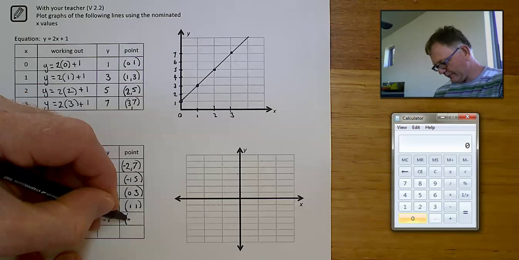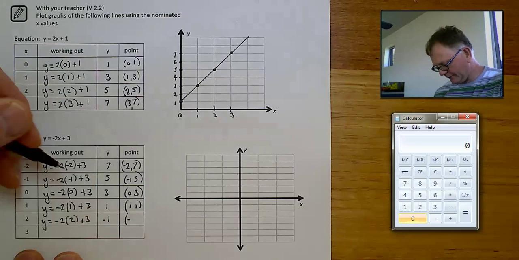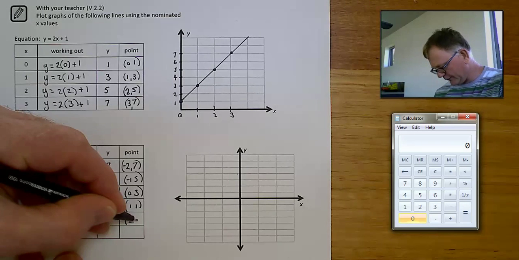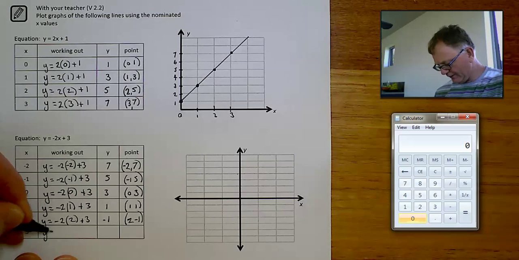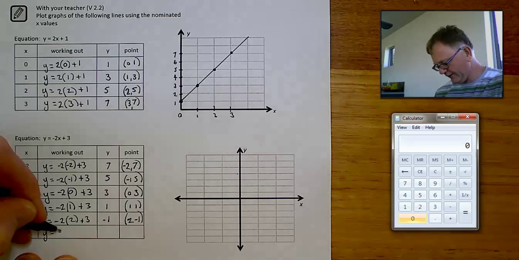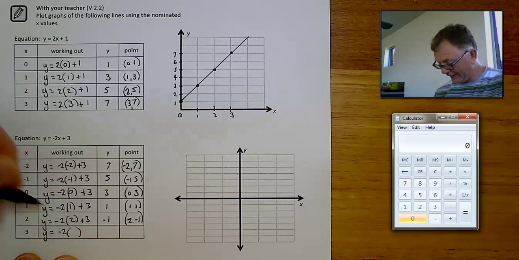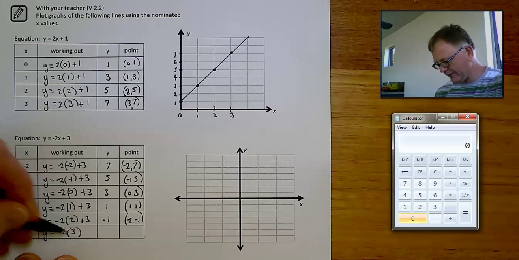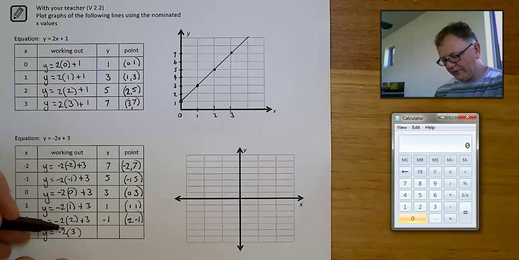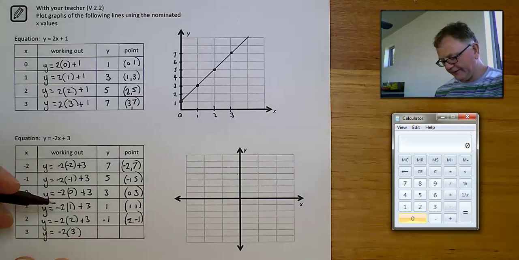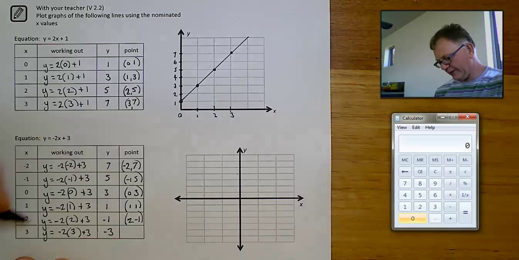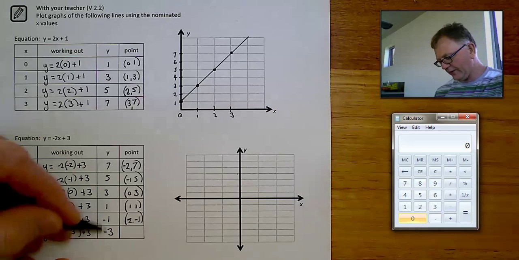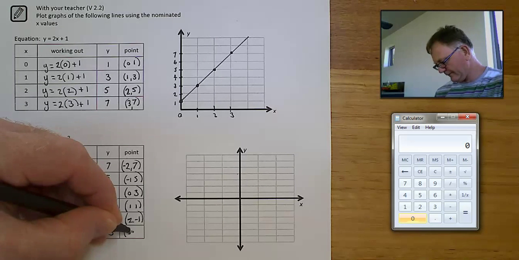The point 2, minus 1 is on the graph. And when x equals 3, minus 2 times 3 is minus 6. Minus 6 plus 3 is minus 3. When x equals 3, y equals minus 3.